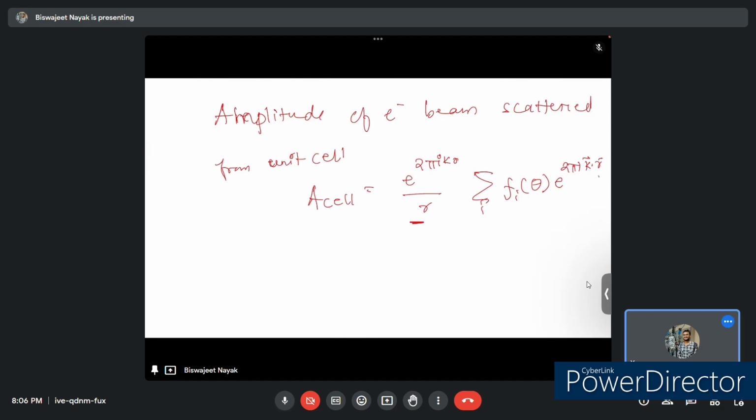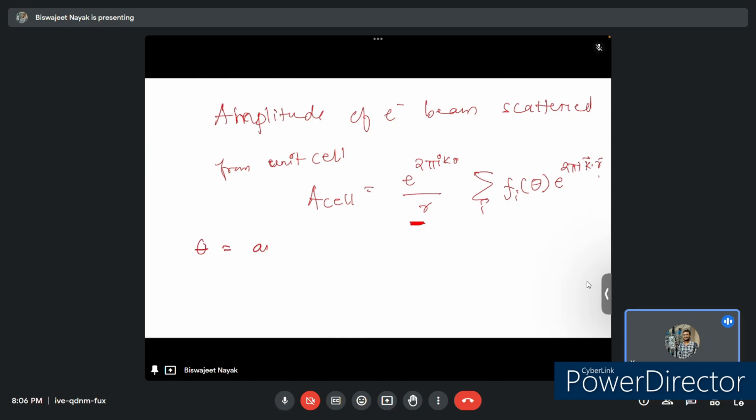The outside term explains how the wave propagates, and the 1/r term is present because we have a constant flux of electrons traveling through an expanding spherical surface.